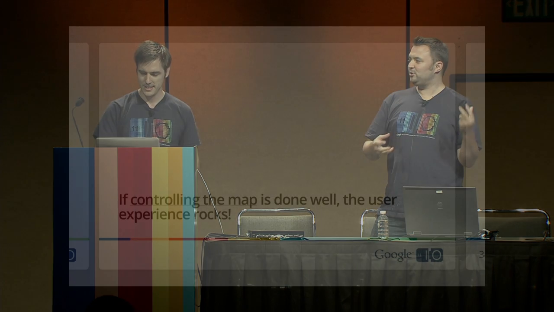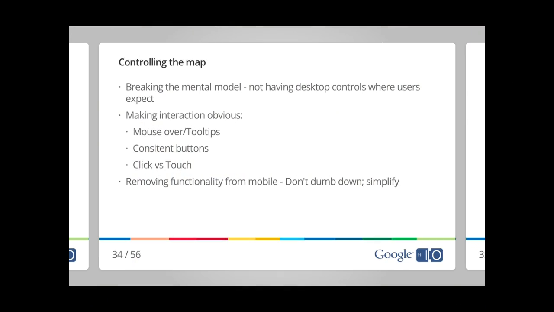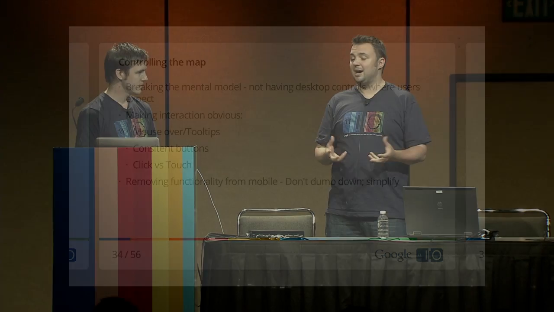Okay. So controlling the map is actually how the user interacts with the map itself, and this is really getting at matching up with people's expectations. There are a lot of mapping sites out there, but they all have a similar way of interacting with the map, how you can actually do things. If you break their mental model and their expectations, then it's really going to suck.